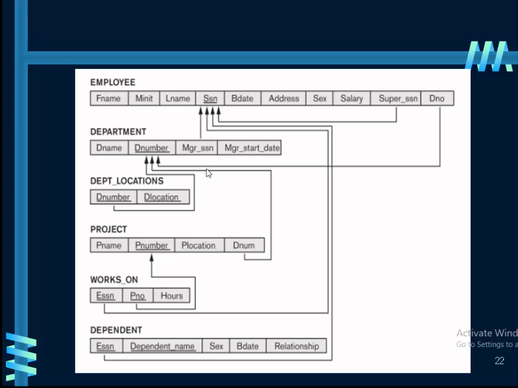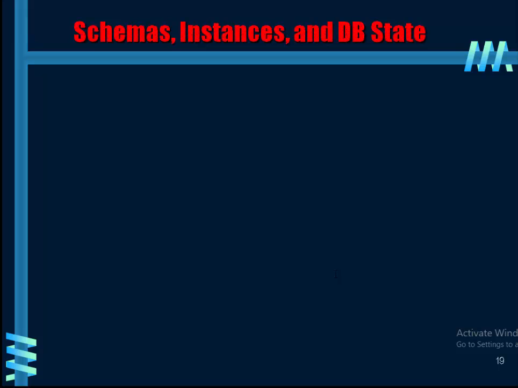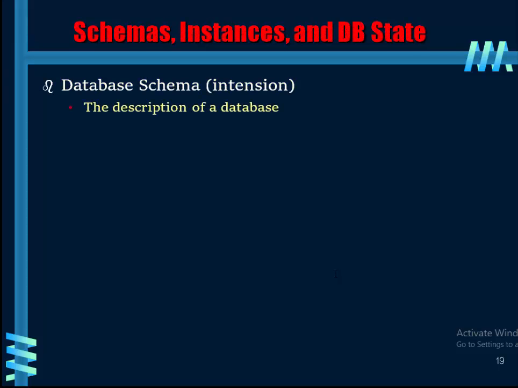We can also specify the primary key of the entity or a relationship. Okay, this is about a schema. But by using this we can't specify some extra constraints which are applied on the database. Okay, see here, this is the definition about the schema.